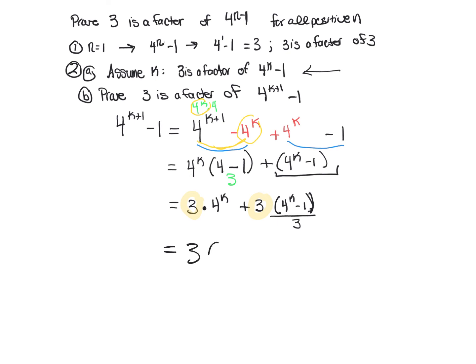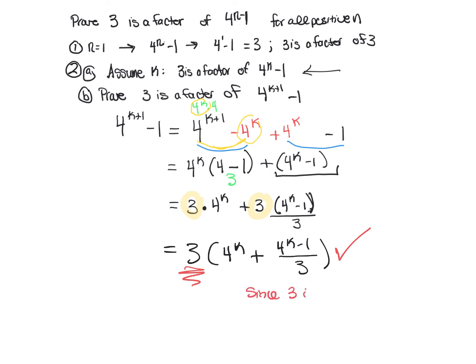If I pull out the 3, I'm left with 4 to the k plus 4 to the k minus 1 divided by 3. But since I have a 3 out front, 3 times anything will always allow that anything to have a factor of 3. And so this statement right here proves it.